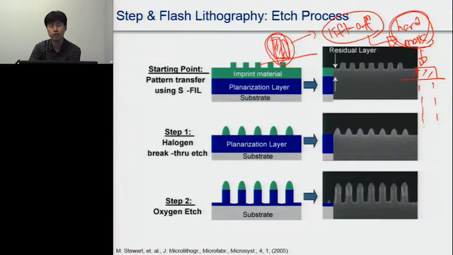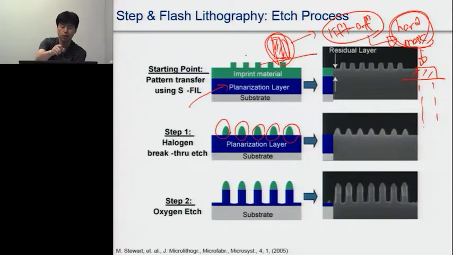What you can do using this UV nano imprinting lithography is use a planarization layer, which is a little bit thicker, another polymer layer. After we transfer these patterns, the UV nano imprinting also leaves a very thin polymer layer between the patterns, so we also need an oxygen plasma cleaning.